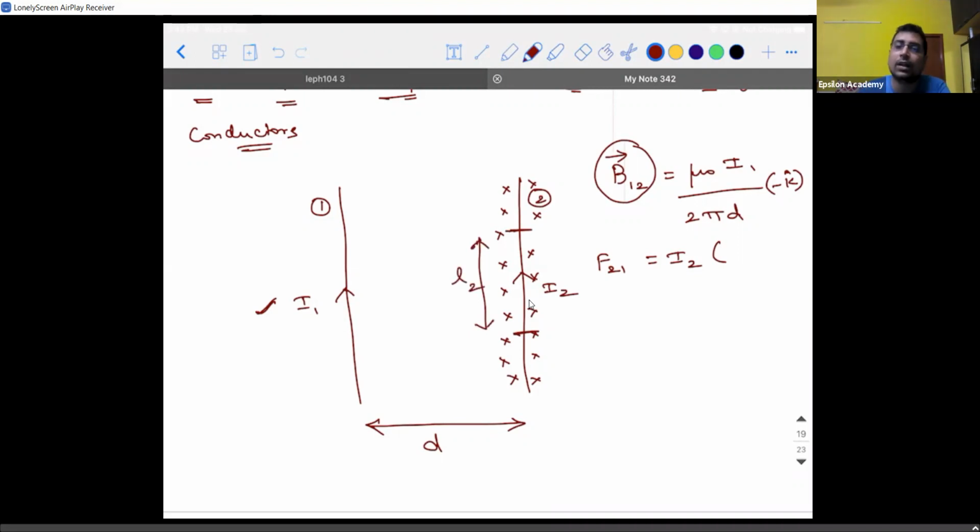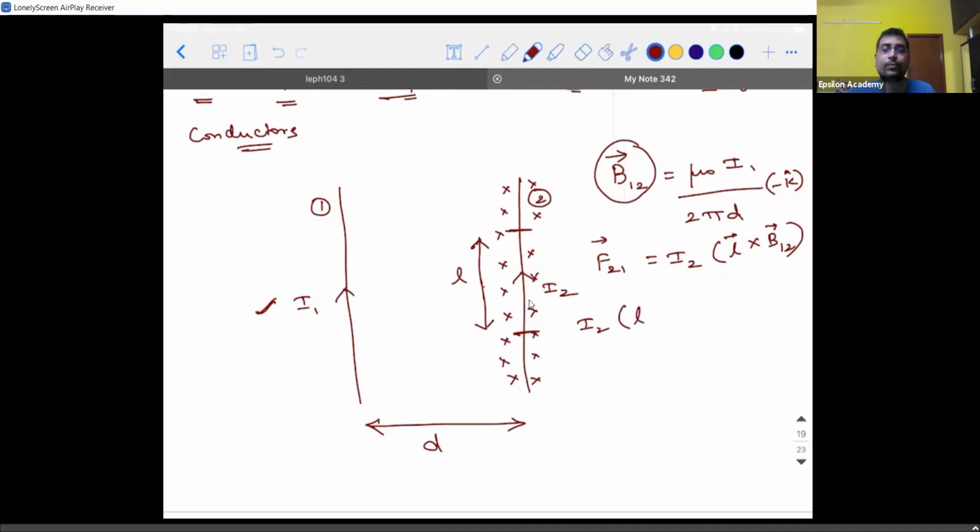Or I will take it as L itself. So I2 into L vector cross B12 vector. So that will be I2 into, what is the direction of L vector? L vector will take the direction of current itself.